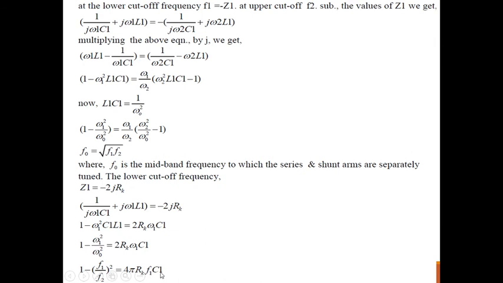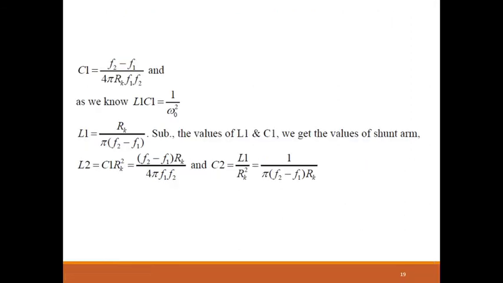We just replaced omega in terms of frequencies F. So finally C1 should be equal to F2 minus F1 divided by 4 pi Rk F1 into F2, and we know that L1 C1 should be equal to 1 divided by omega naught square. So L1 should be equal to Rk divided by pi F1 minus F2. With these values of L1 and C1, we get the values of the other terms.